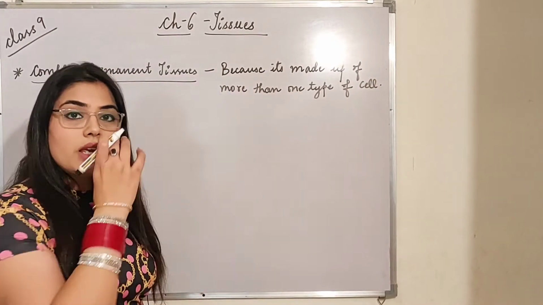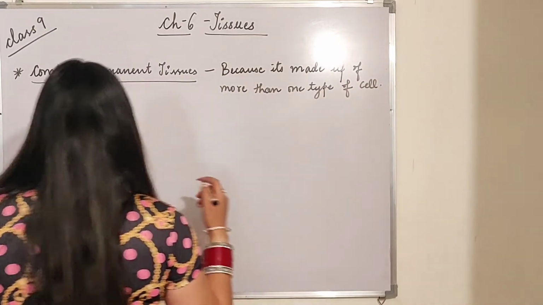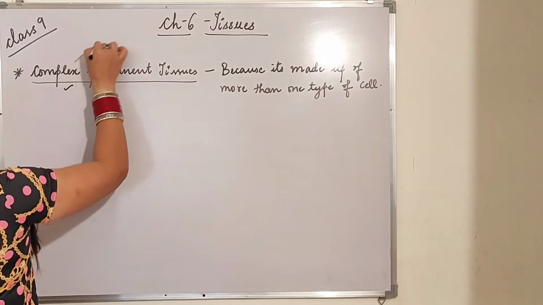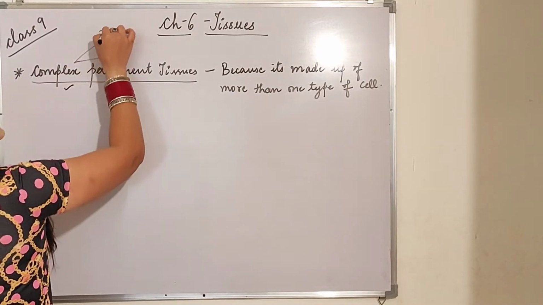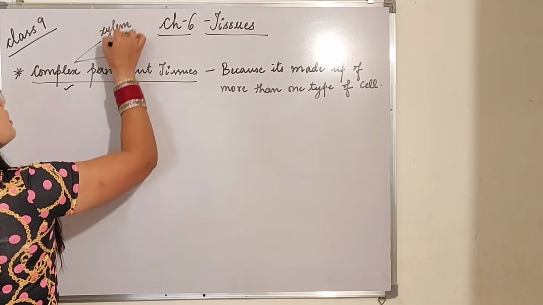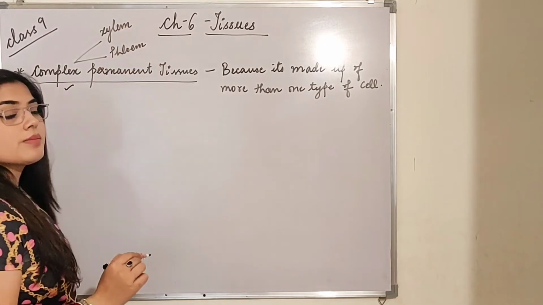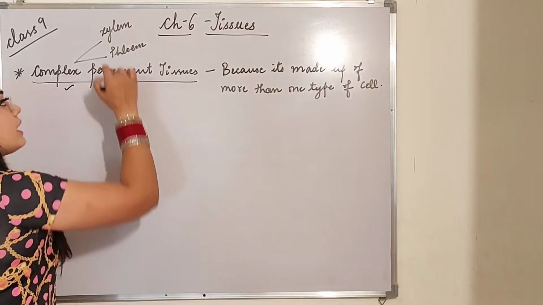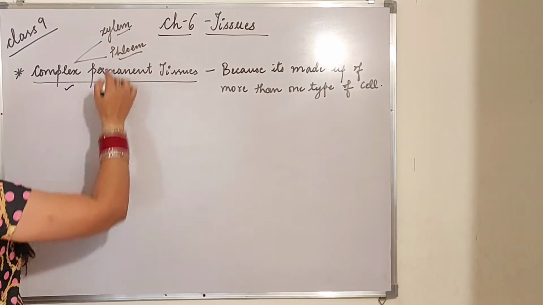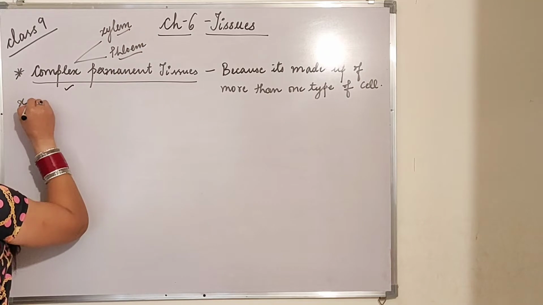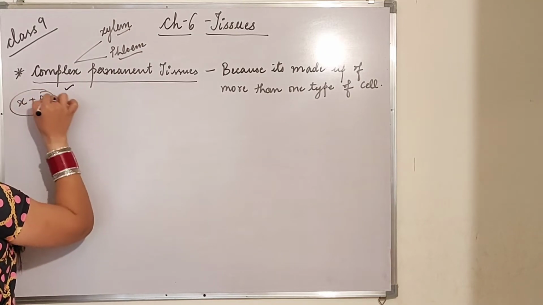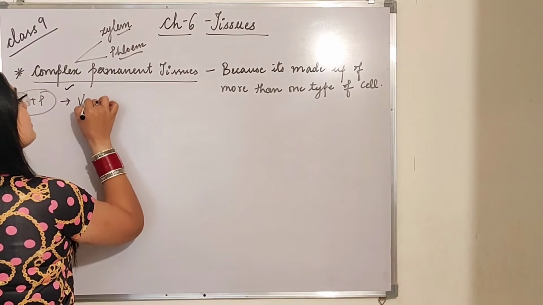That is why it is known as complex permanent tissue. Complex permanent tissue is basically of two types. It has xylem and it has phloem. Together, xylem plus phloem are known as vascular bundles.